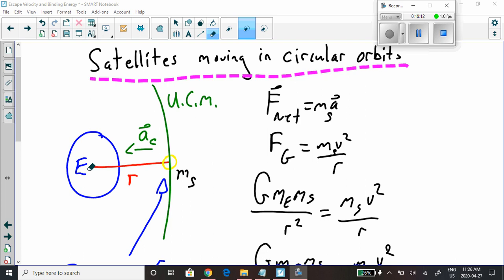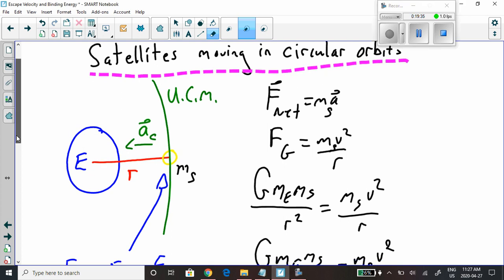It's always center to center distances. So let's put in what universal gravitation is: big G, mass of the Earth, mass of the satellite, all over center to center, r squared. And over here we have mass of the satellite, how fast it's moving squared, and r again, how far it is from the center.